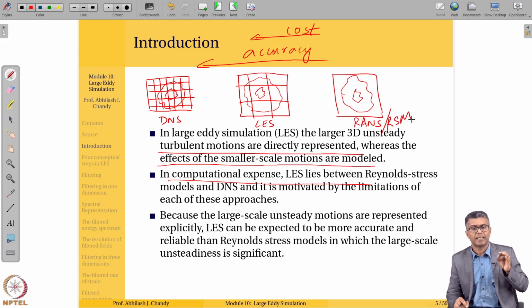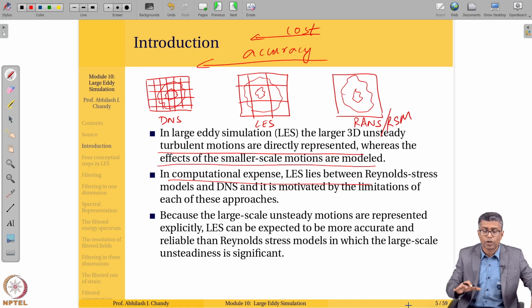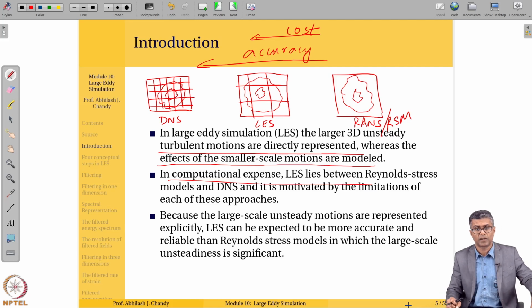And the idea of using LES, the motivation for coming up with an LES approach, is we probably don't want to resolve all the length scales. As we saw in the previous module, a lot of effort is spent on resolving the dissipative scales. So maybe that is not what we want.